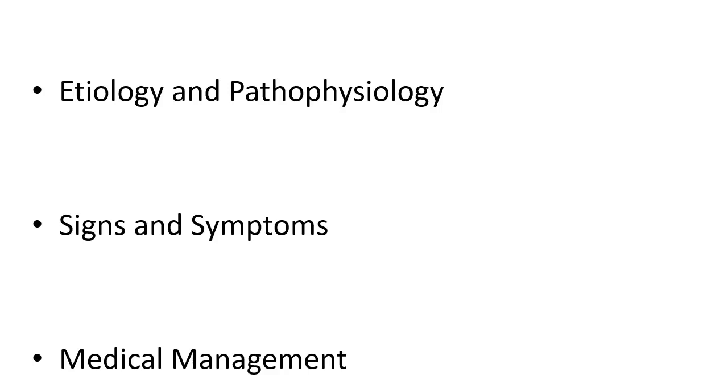Signs and symptoms are going to be in the periphery: JVD, peripheral edema, hepatomegaly, elevated right and left central venous pressure, lethargy, nausea. And our medical management is going to be nitrates, vasodilators, diuretics, and potassium supplements.